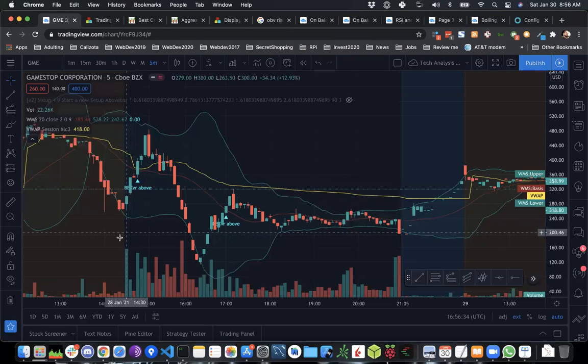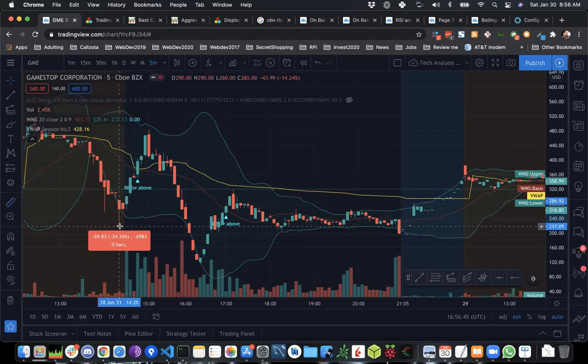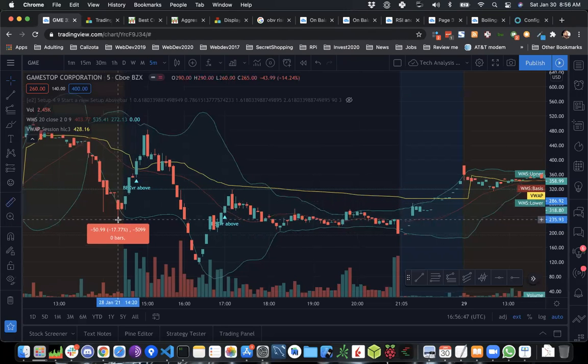I had set a stop loss, I'm just going to draw a little line here, I'm going to draw a ruler. I had a stop loss from here to here that was 17%. If you look at that little bit in the middle where it's got the parentheses, my stop loss is at 17%. So chances are your stop loss is set at 15%.